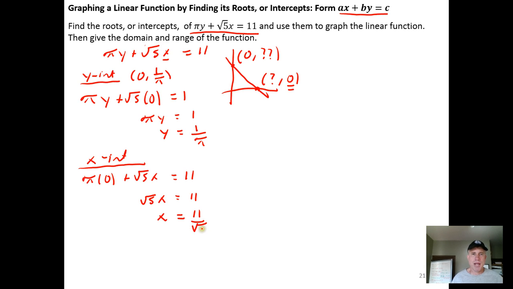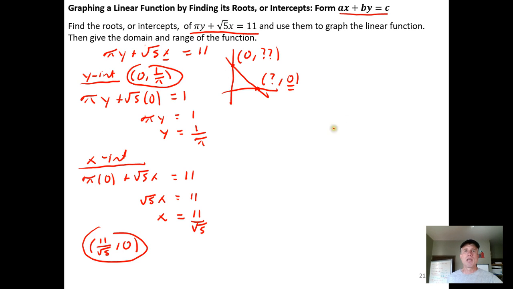So we get 11 divided by the square root of 5. So the ordered pair we get is when I input 11 over the square root of 5, the output is going to be y equal to 0. So there is my x-intercept, and here is my y-intercept, and now I can go ahead and graph those.